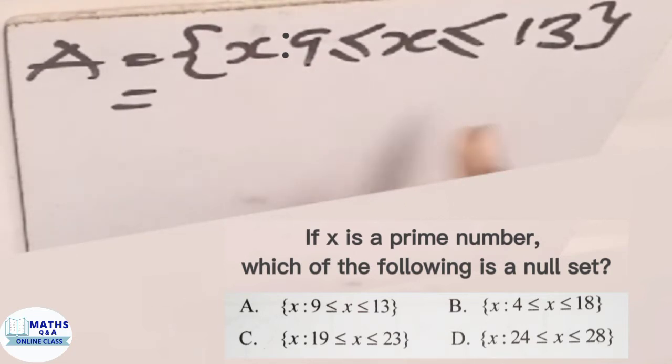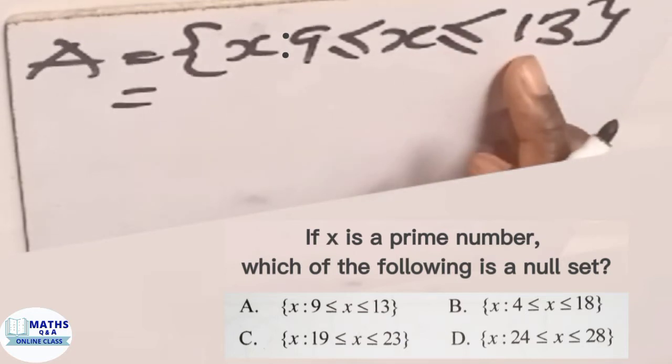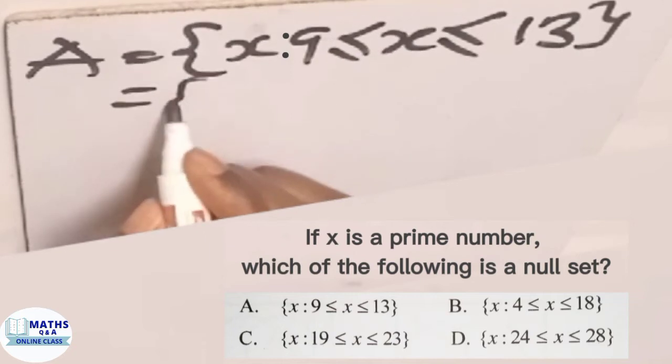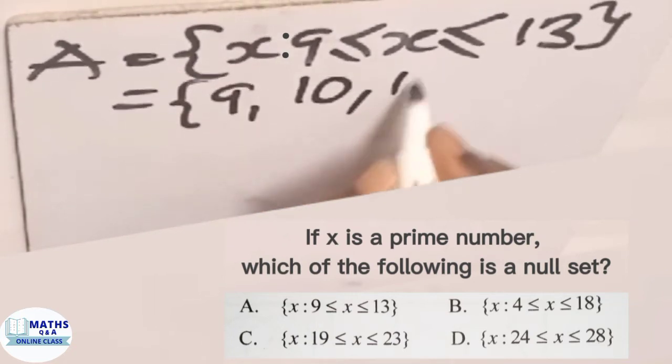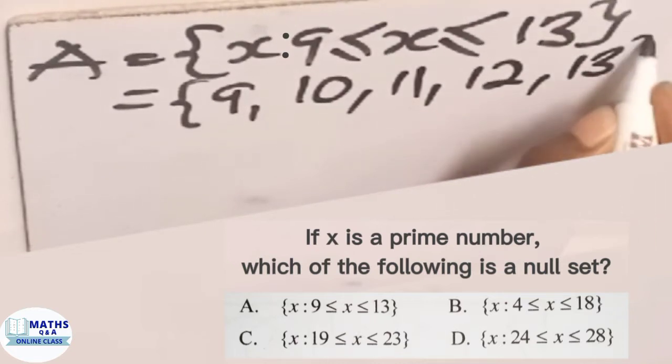And x is also less than or equal to 13 means the numbers can either be less than 13 or equal to 13, so we end at 13. So let's write all the members of this set, and they are 9, 10, 11, 12, 13.